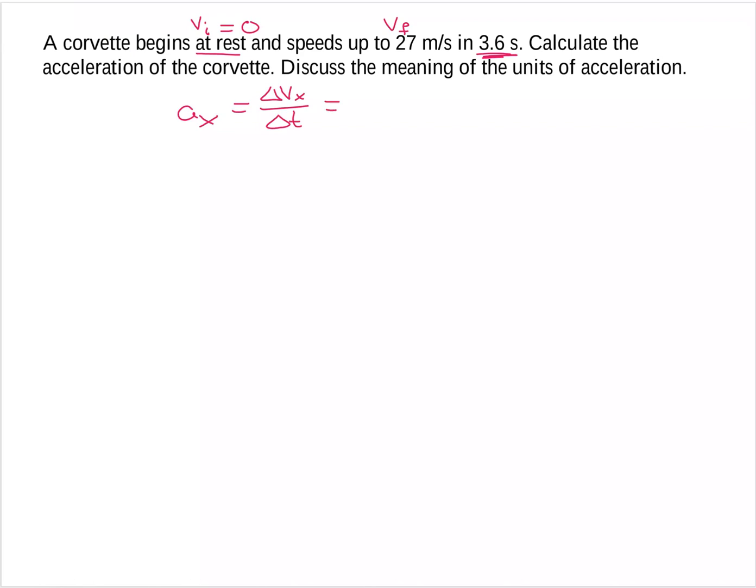Delta v is the change in velocity, so that would be velocity final minus velocity initial. So vf minus vi over delta t. Vi is 0, so we just have vf on top. So that's 27 meters per second over delta t, which is 3.6 seconds.